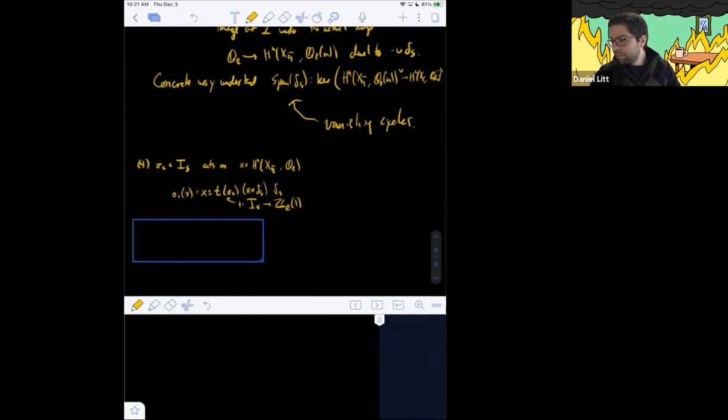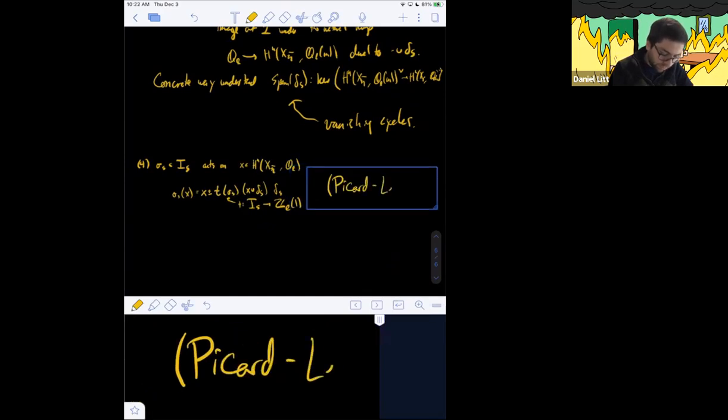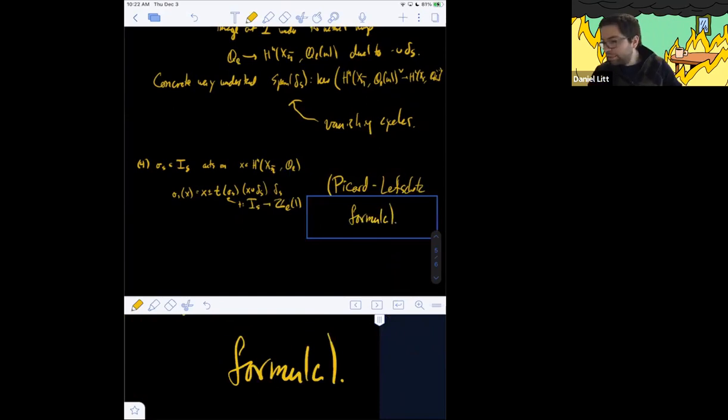Okay. Are there any questions about this? So this formula here has a name. It's called the Picard-Lefschetz formula. Okay, so this is all the stuff I claimed about vanishing cycles, about Lefschetz fibrations last time.